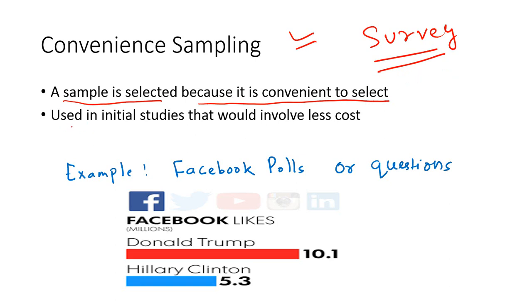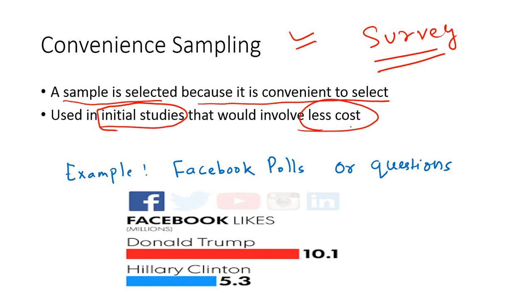Okay, and this is primarily used in cases where you want to do some study on the population which can be considered as an initial study. So it may not be the final study, but you just want to do a quick study which can be considered as an initial study, which would involve very little cost.